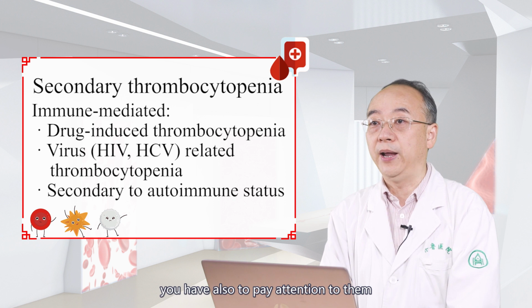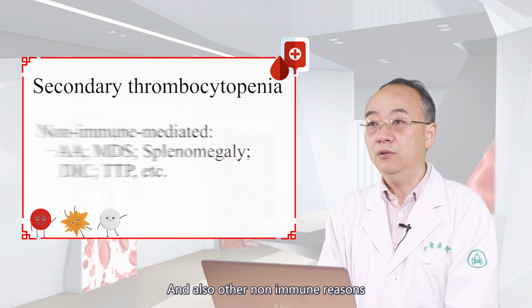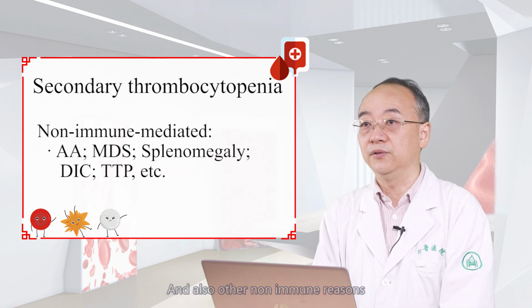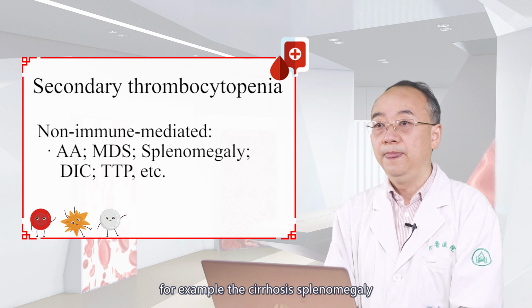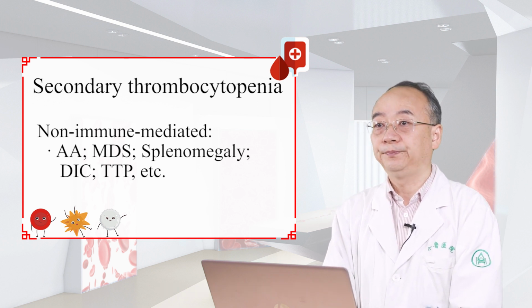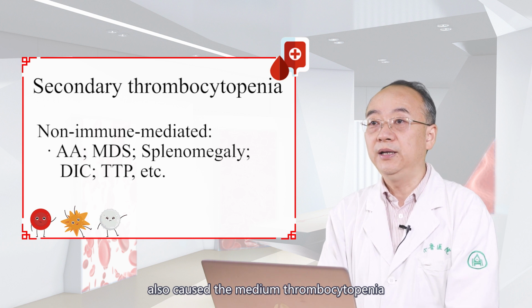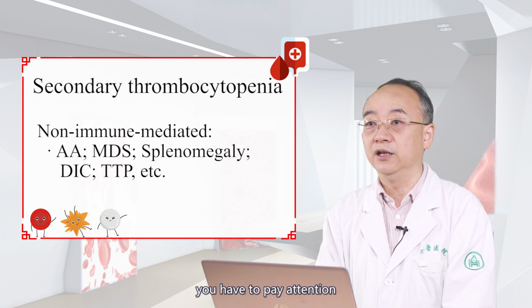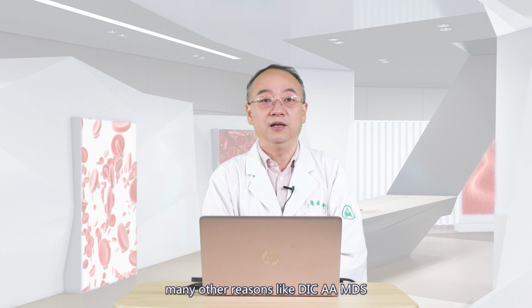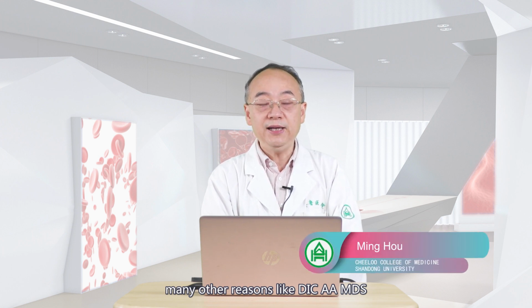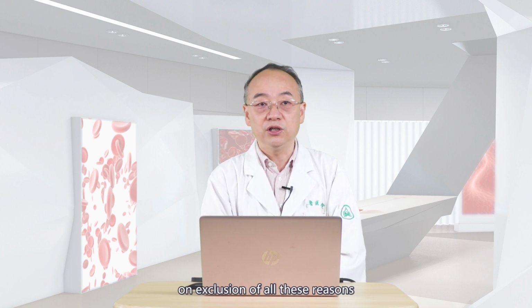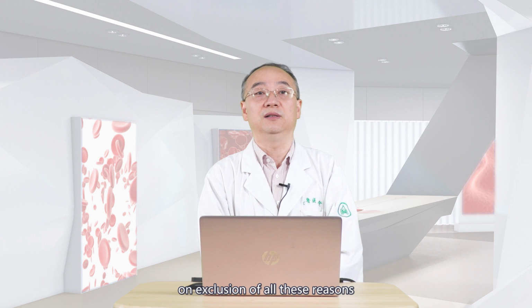You also have to pay attention to them. Other non-immune reasons, for example cirrhosis with splenomegaly, also cause thrombocytopenia. Many other reasons like DIC and von Willebrand factor 2B disease can also cause thrombocytopenia. So a diagnosis of ITP is based on exclusion of all these reasons.